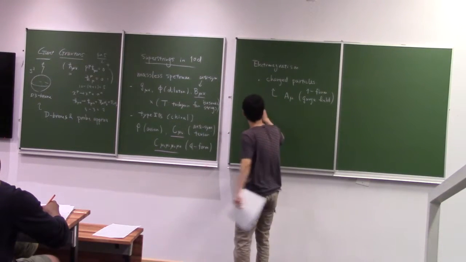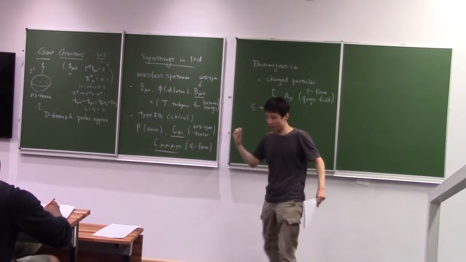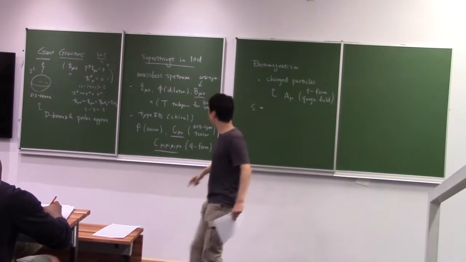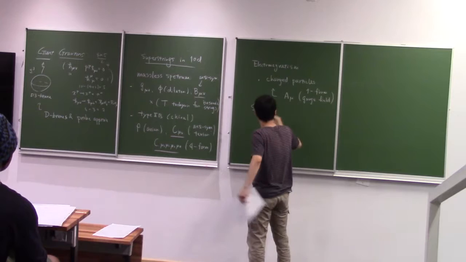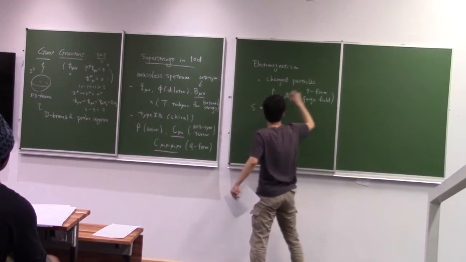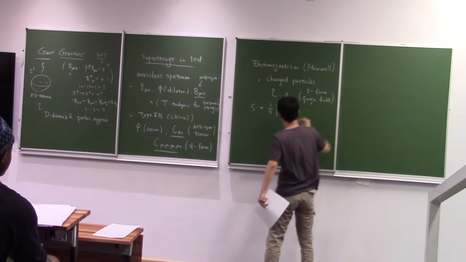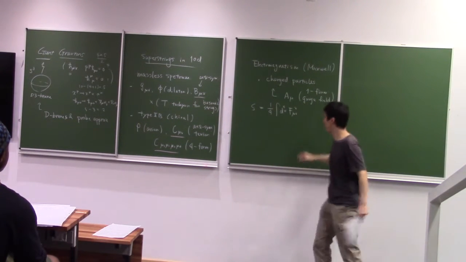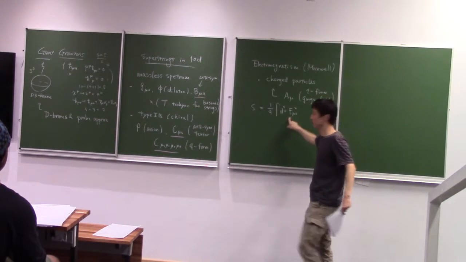And then, how do you see it? The way it is charged is determined by how it couples to this gauge field. Because it's a Maxwell theory, you have the action for the Maxwell theory.